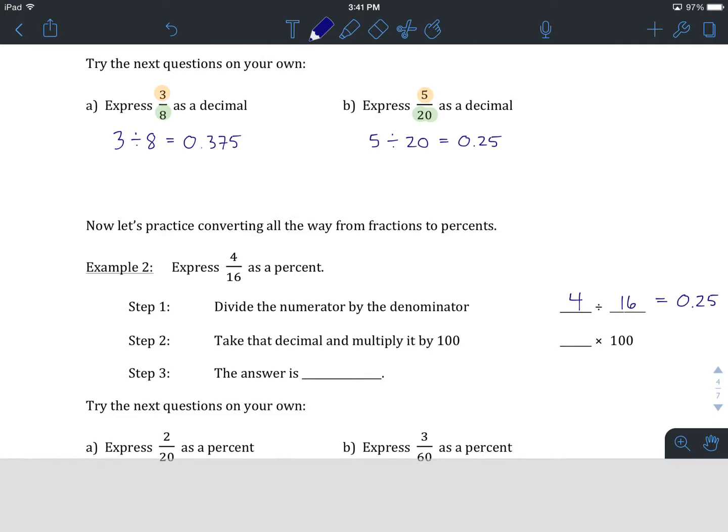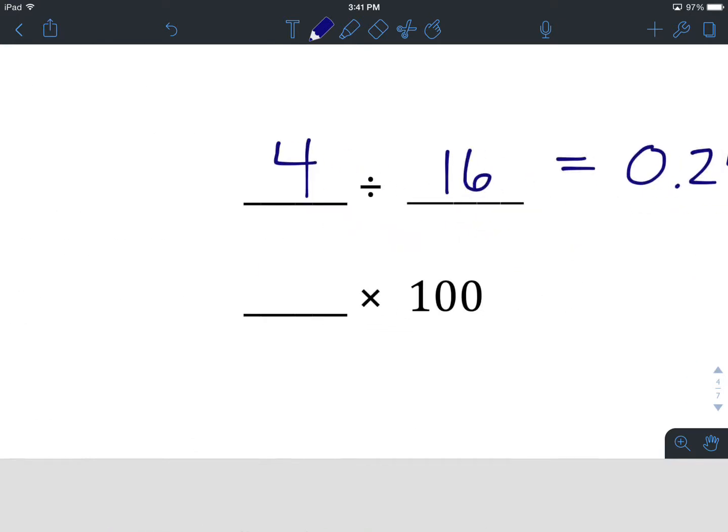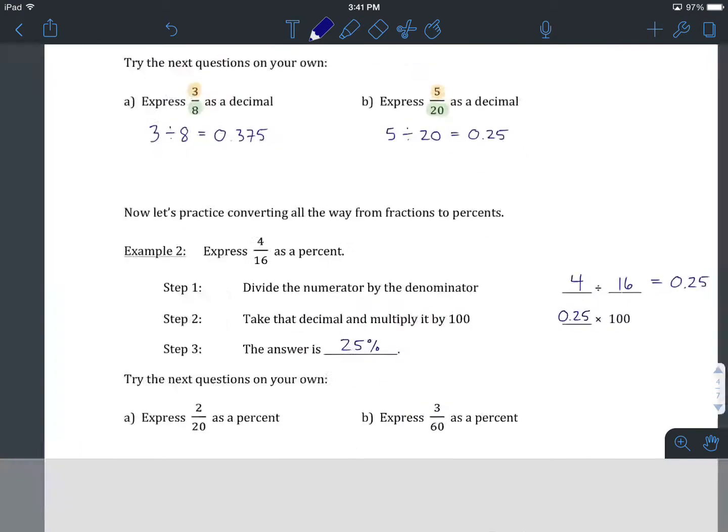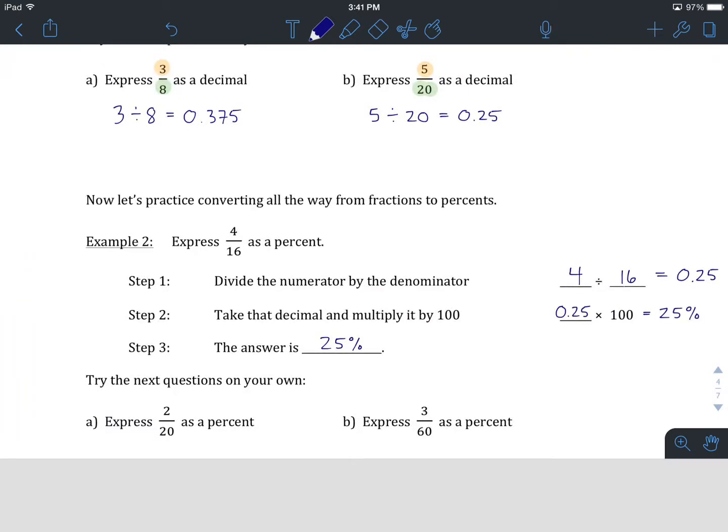Step 2 is what we did in lesson number 3. We take that decimal now, 0.25, and we multiply it by 100, and that gives us our answer, 25%, when we type it into our calculator. So our answer, 25%, is 4 over 16.